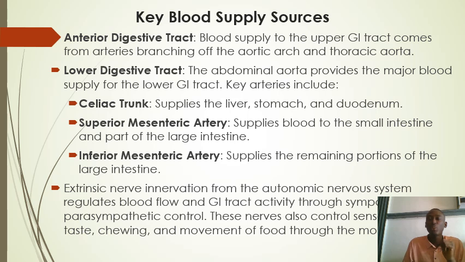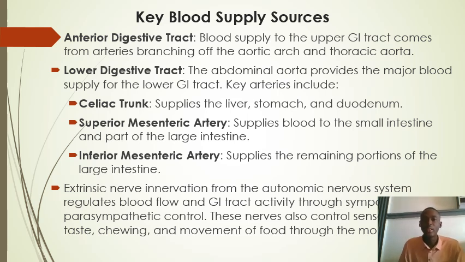So, the key supply sources of the GIT. Before we move to that, we have the anterior digestive tract, which is the mouth region, and maybe the throat region, the pharynx.